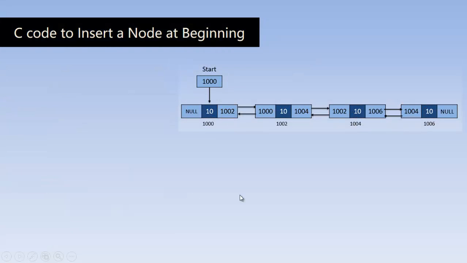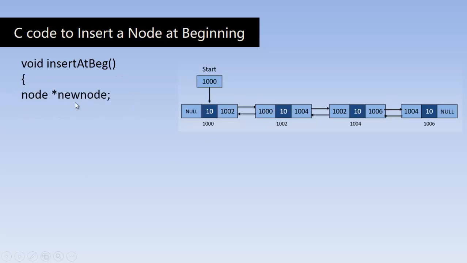Right. So now let's discuss the C code to insert a node at the beginning. Let's imagine there are some nodes in the list, and there may be no node in the list also. So let us consider both the cases. This insert at beginning function will insert a new node in the beginning.